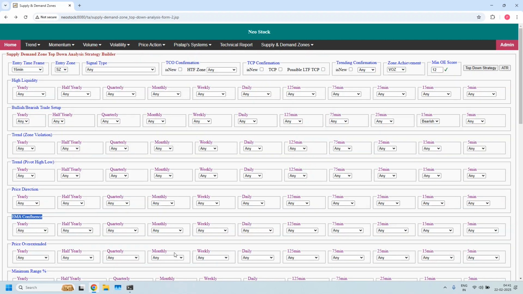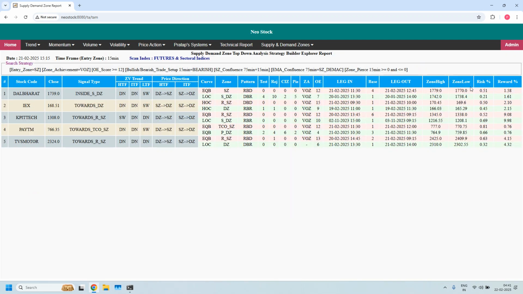In the EMA confluence, 75 minutes time frame, I am setting filter 75 minute supply zone having daily EMA confluence. So with this filter, we got 5 stocks out of 13. So these 5 stocks are having even more higher success rate. I mean higher probability to get the success.